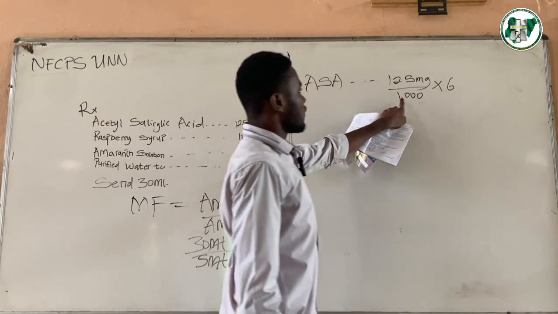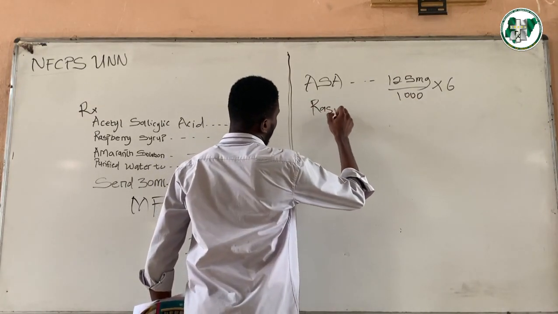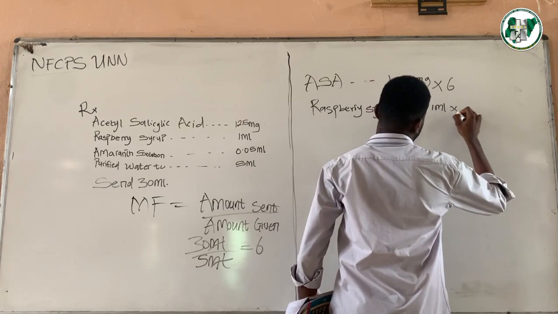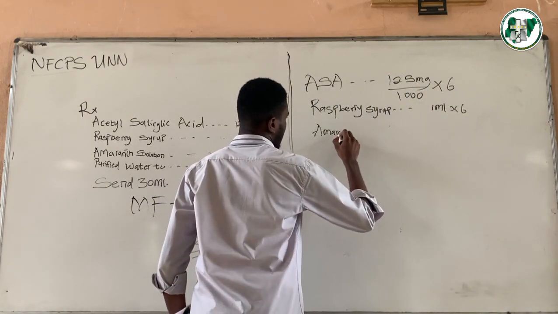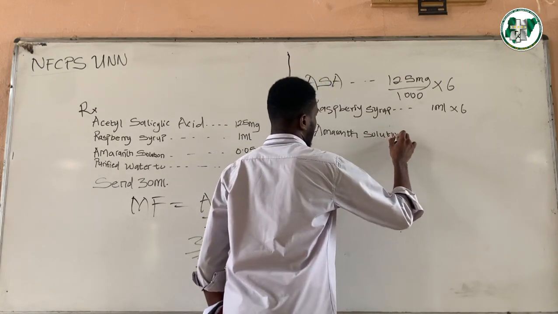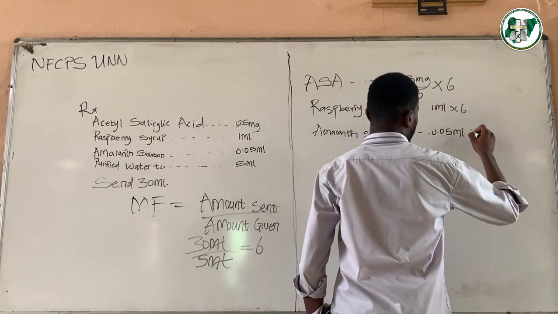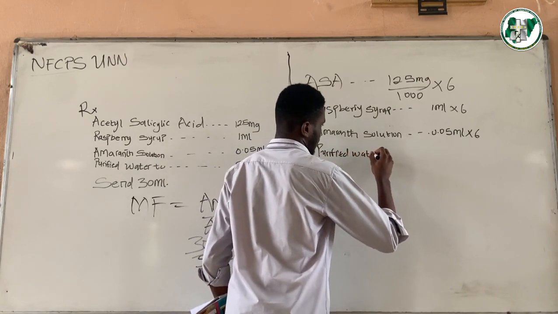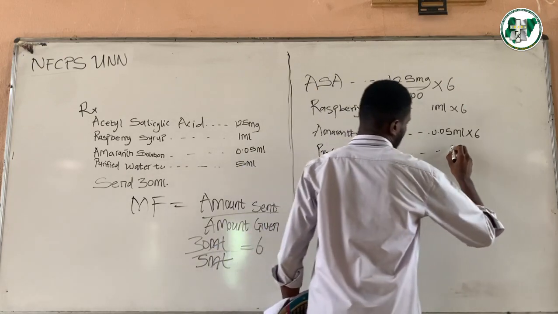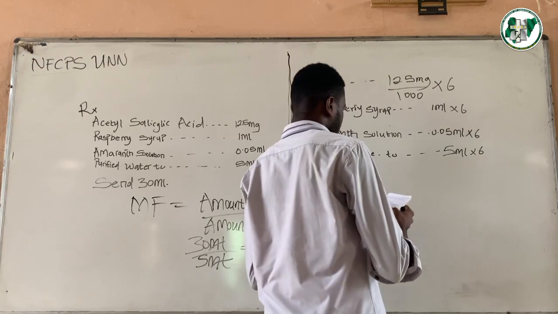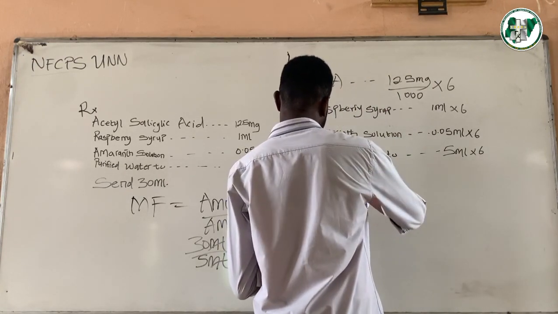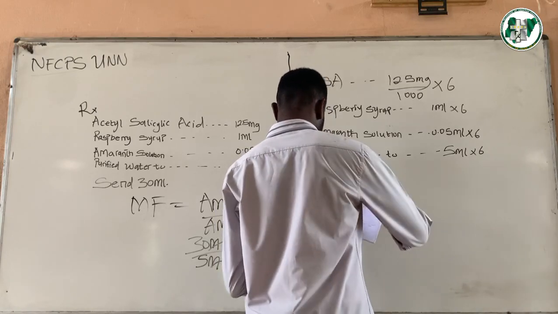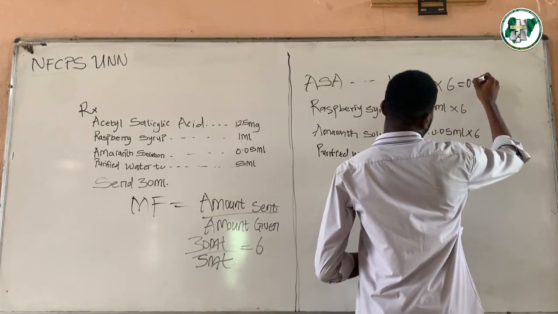Now we are dividing this by 1,000 so that we convert this milligram into gram. When we divide this 125 by 1,000 and multiply it by 6, we will be getting 0.75 gram here.